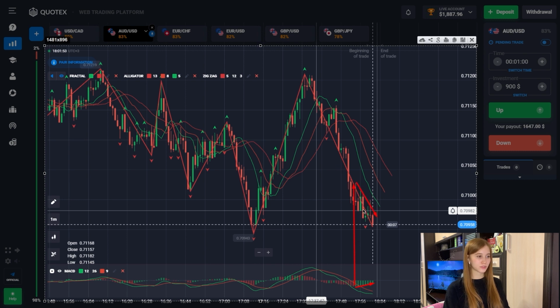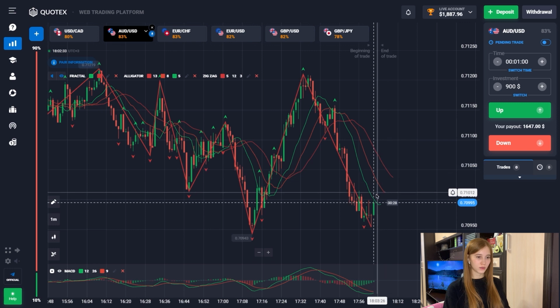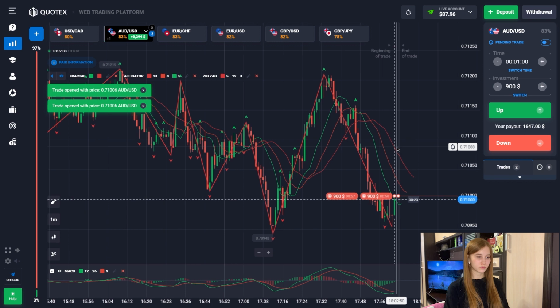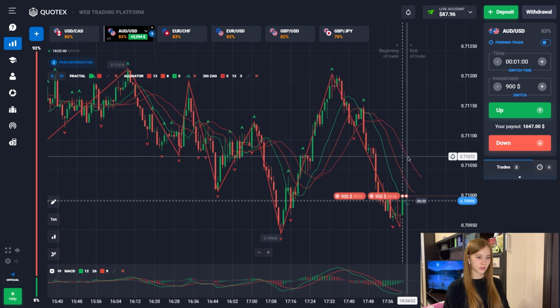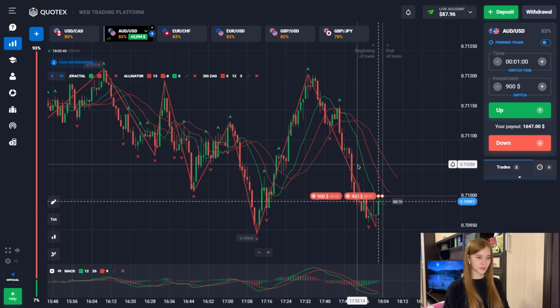We see a very strong trend, and we see all the green candles. We see that we have the opportunity to open for a fall. It's great.